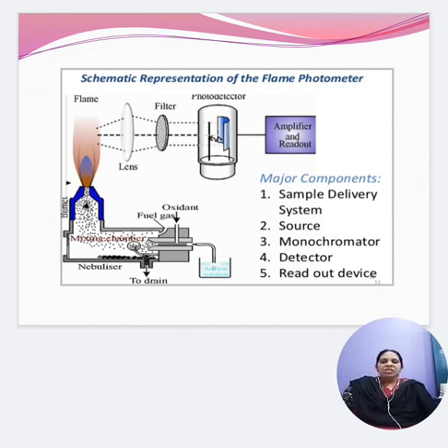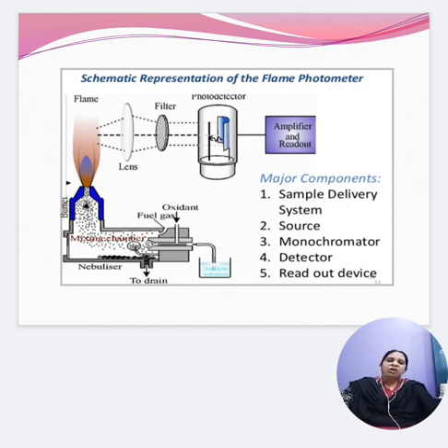The first part is your sample delivery system. The second is your source. The third is the monochromator. The fourth is the detector. It may be a phototube, a photodetector, a photodiode or a photomultiplier. The last one is your readout device, where the signal from the transducer, if it is weak, is amplified and given to the readout device.